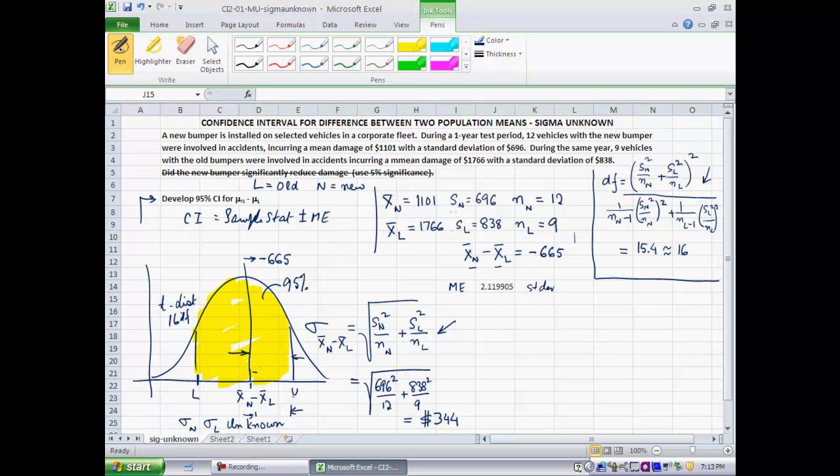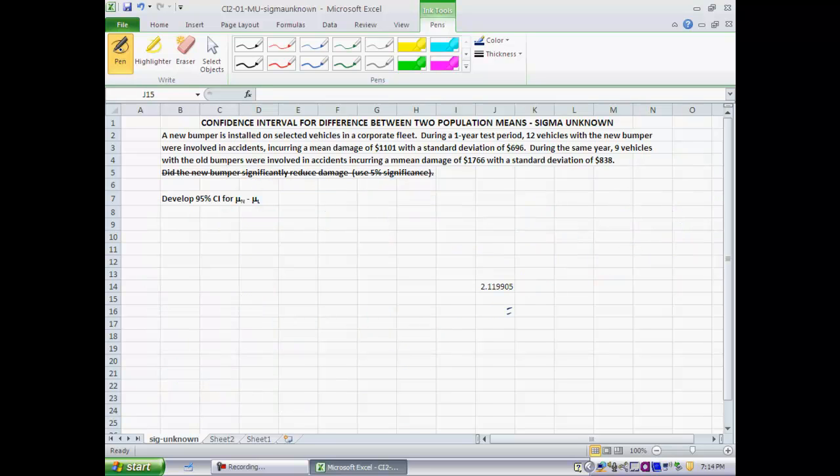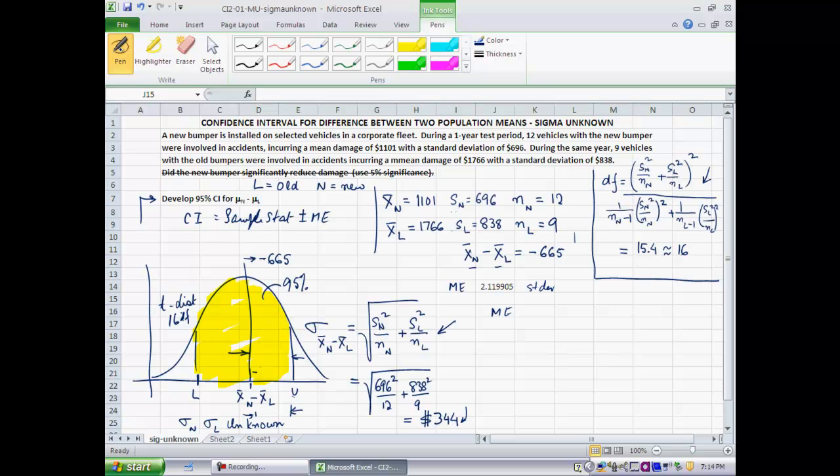So you have s squared n divided by the sample size of n plus s squared l divided by the sample size of l. Sum them up and take the square root. That comes to $344 when you do the math. What that means is the standard deviation of the sample statistic, the standard deviation of x bar n minus x bar l, is $344.